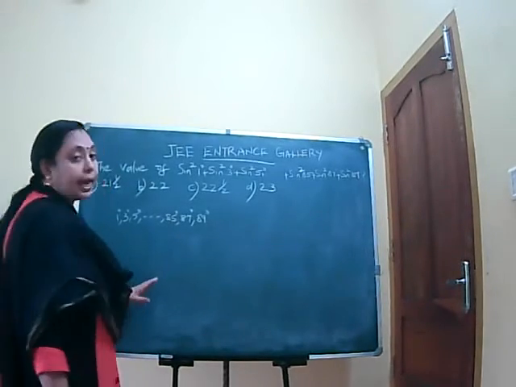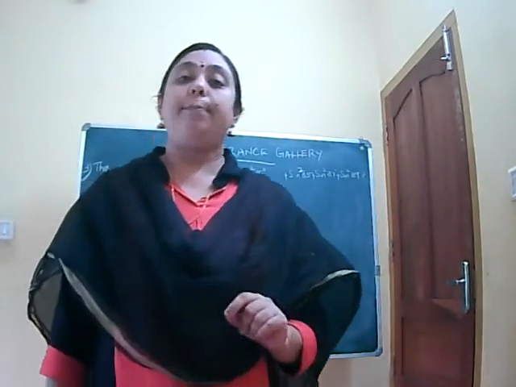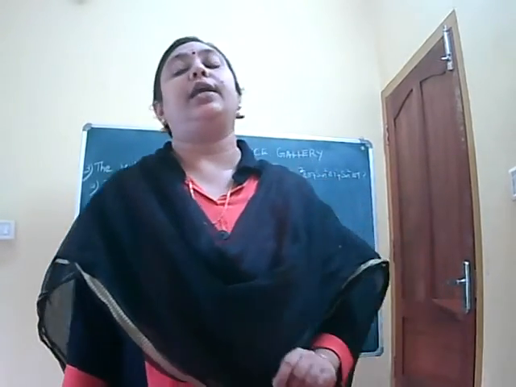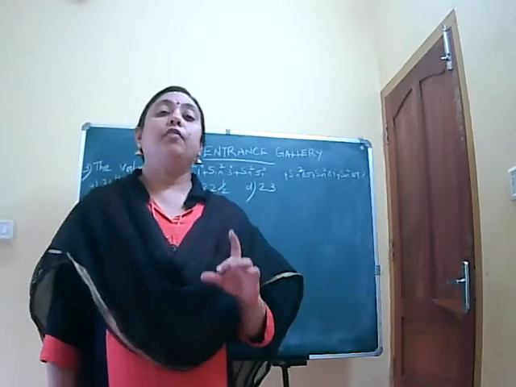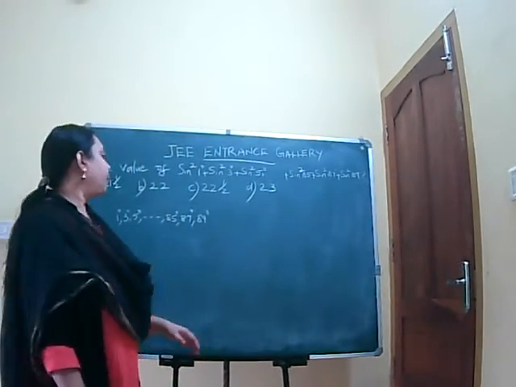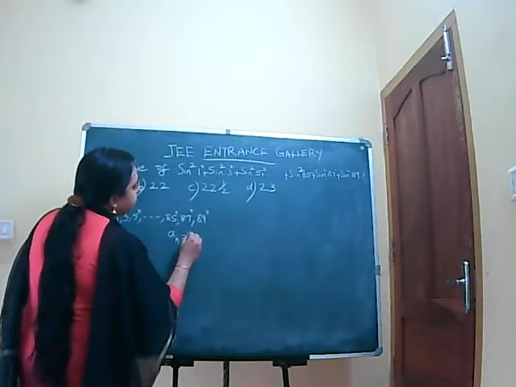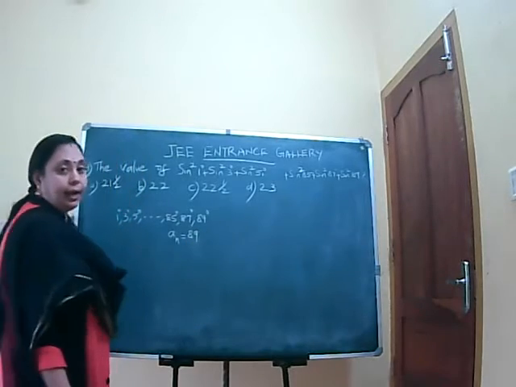We know that the nth term of an arithmetic progression is a plus n minus 1 into d. Using the formula, we find out the number of terms in this arithmetic progression. That is nth term an is 89.